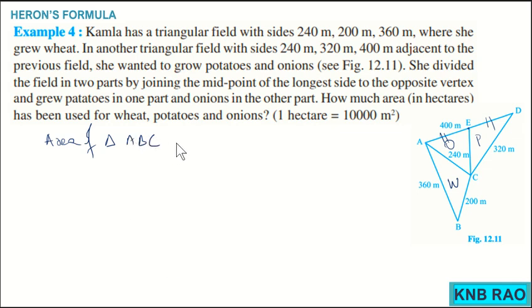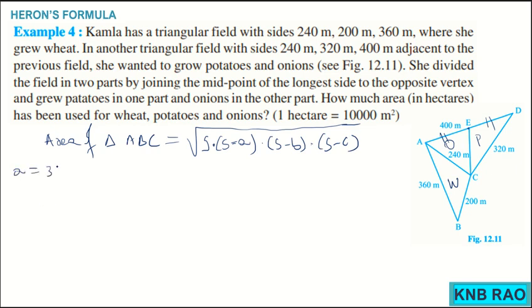So, area of triangle ABC we will find with Heron's formula, root under S into S minus A into S minus B into S minus C, where we know A as 360 meters, B as 200 meters, C as 240 meters, that is AB, BC, AC length.